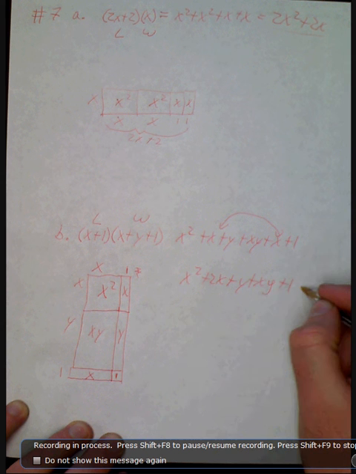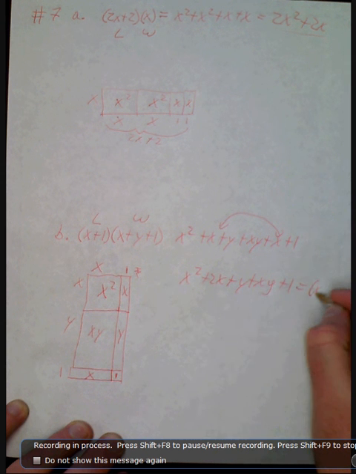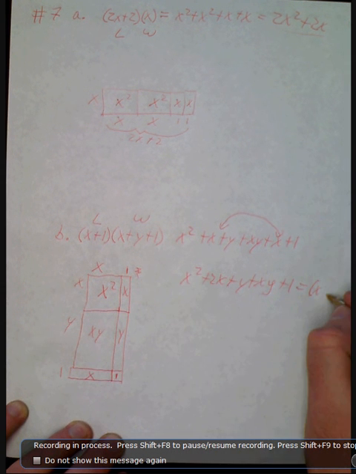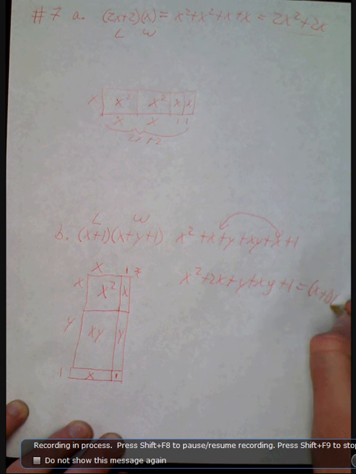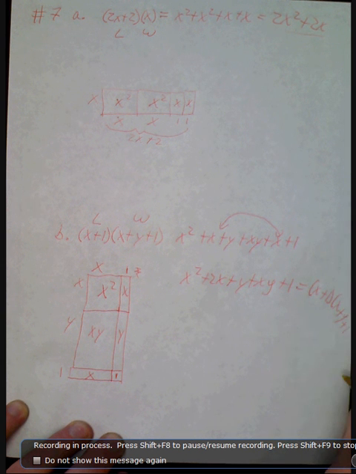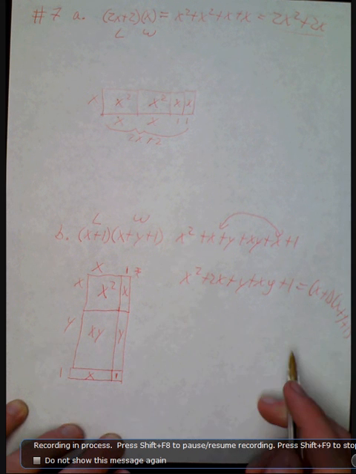And this is equal to the first thing that we had over here, x plus 1 times x plus y plus 1. I ran out of room over here. Sorry about that. And that's all you have to do for problem number 7A.